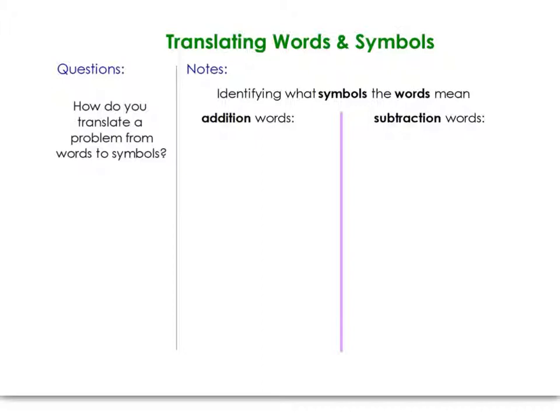Well, in order to do that, let's look at what some symbols and the words that go with those symbols mean. So we have addition words. Think about, what are some words that mean to add something? Okay, you may be thinking we could find the sum. We could plus two things together, so 1 plus 2 means I'm adding.